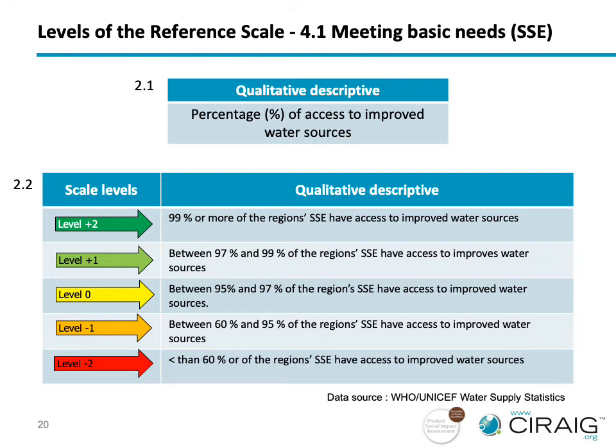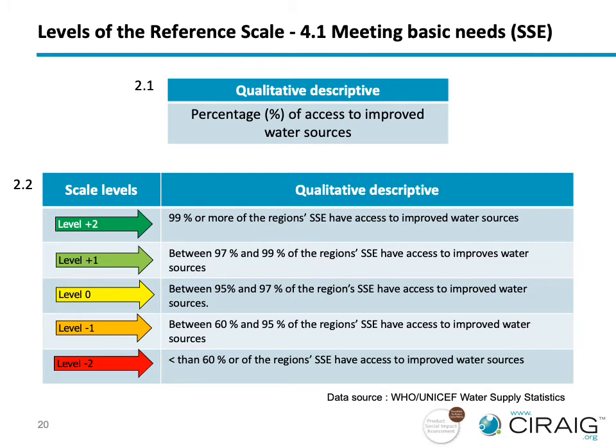Now, let's get back to our palm oil case related to the social topic meeting basic needs for small-scale entrepreneurs. The qualitative descriptive variable from the performance indicators that we retained was the percentage of access to improved water sources.